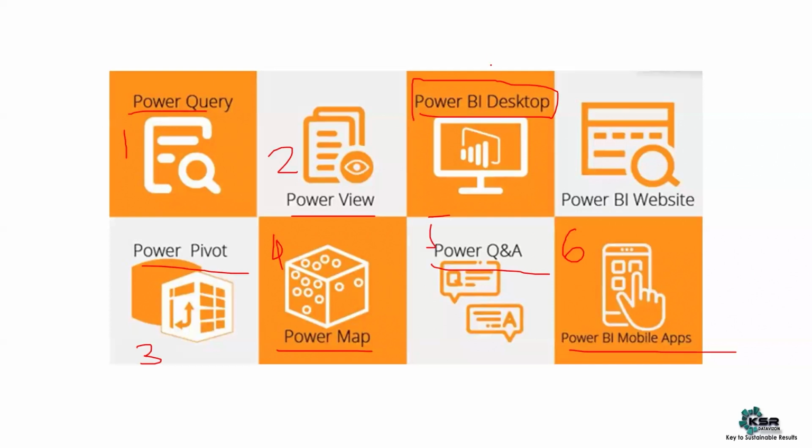So this Power BI Desktop is the main development component which comes with a combination of 6 different sub components. Now every component has its own behavior. We have to understand that. And at the last is the Power BI website, which is your Power BI Service to publish any specific report.